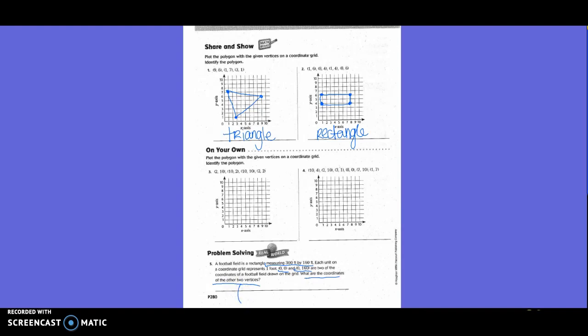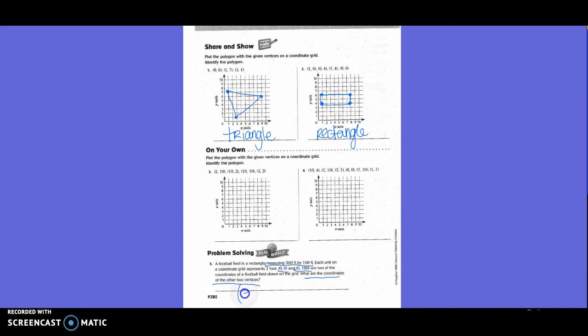So they already used 0, 0 and 0, 160, right? So will any of those other ones be 0 in the x coordinate? No. What has to be in the x coordinate now? 300.